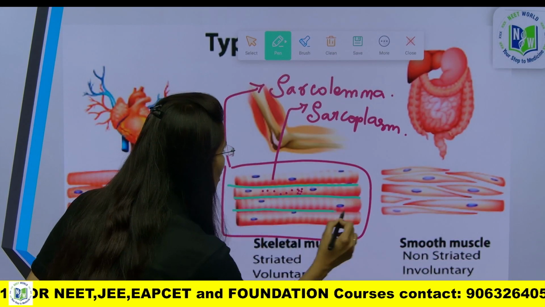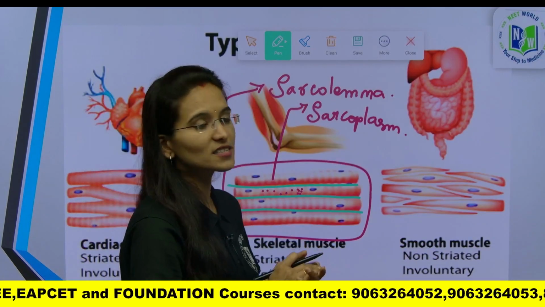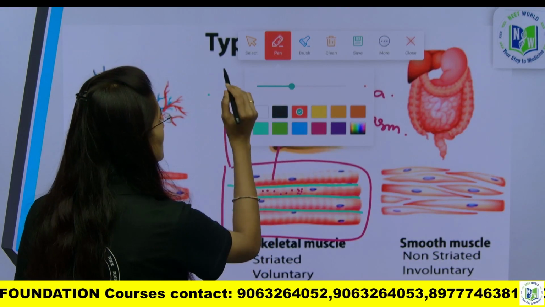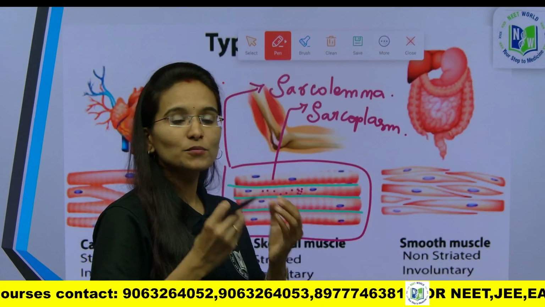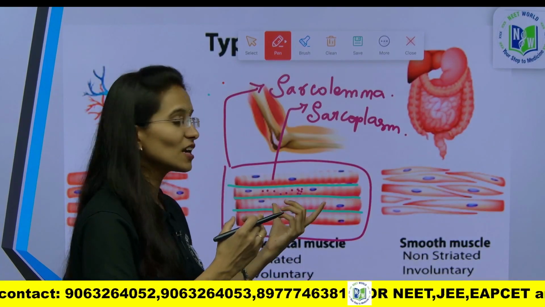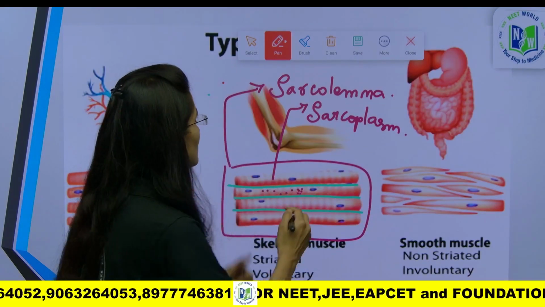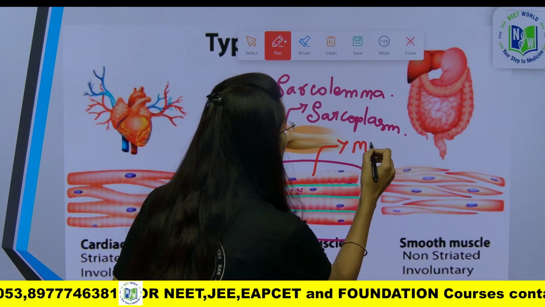These elongated muscle cells run continuously, are very elongated and cylindrical in nature. These are actually the fibers, hence they are called myofibrils.